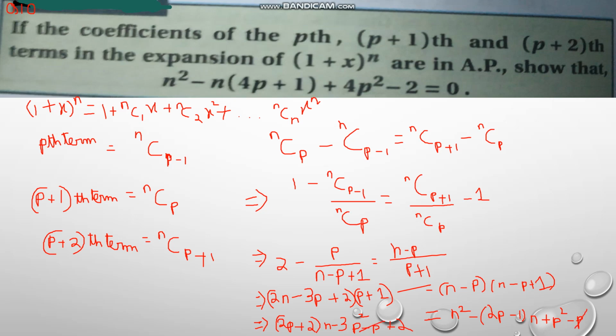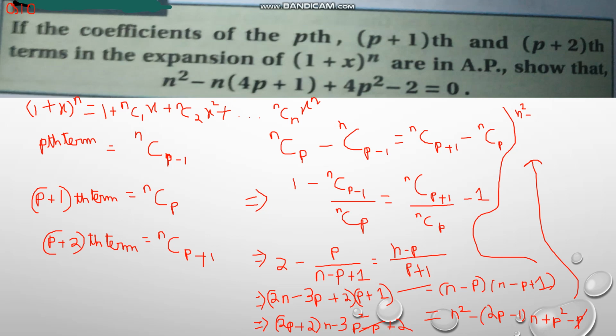Now I am writing from here to here, barring this part. Now here we'll write n square minus, there will be 2n minus 1 minus 2p minus 1 minus 2p plus 1 minus 2p minus 2.